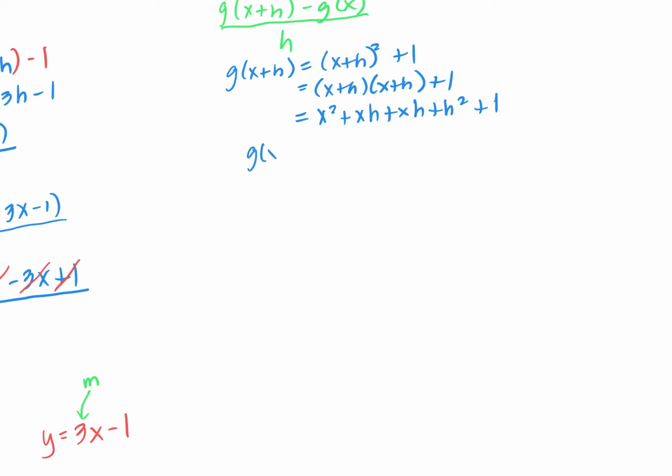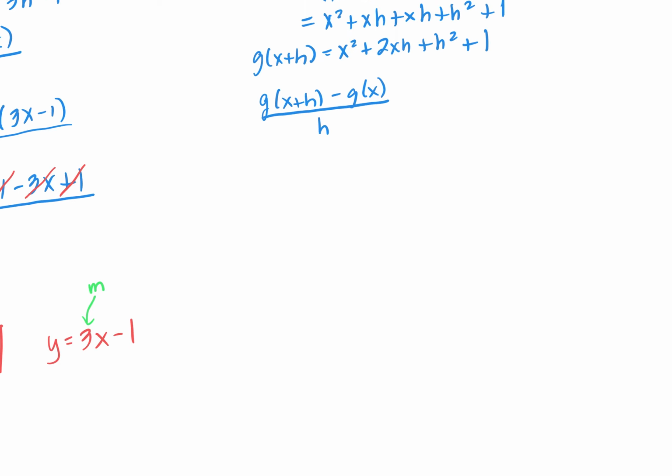So g of x plus h is equal to x squared plus 2xh plus h squared plus 1. Now I'm going to finally compute g of x plus h minus g of x over h.